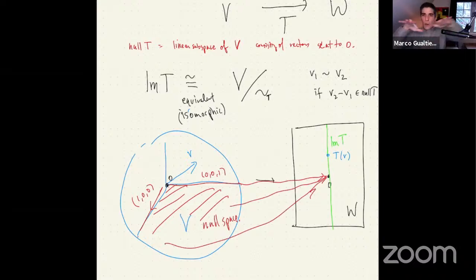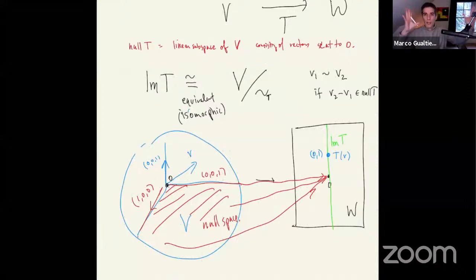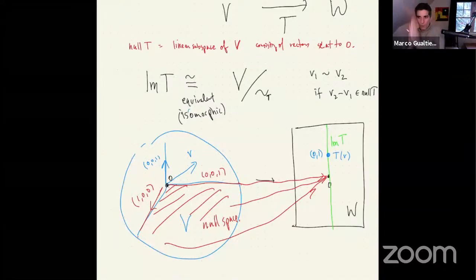Okay, so the entire xy plane is sent to 0. But this vector, 0, 0, 1, is sent to this vector, which is, let's say, 0, 1. So what's happening is that the three-dimensional space is being collapsed to a single one-dimensional space.